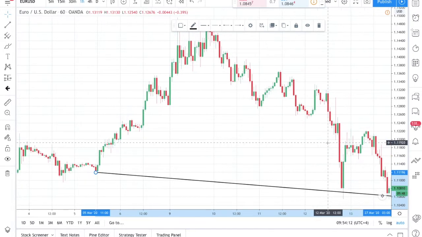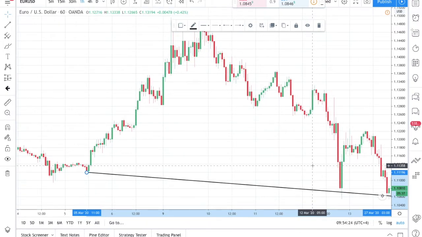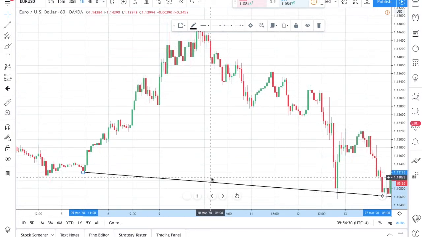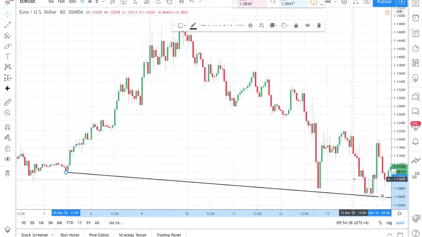So what are we going to do? When are we going to open a buy order or sell order? We have to wait for the market to break out from the support trend line. So when we draw this, we just look at how the market is going, and we wait for the breakout.